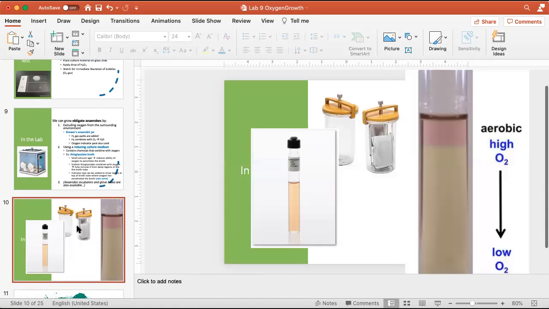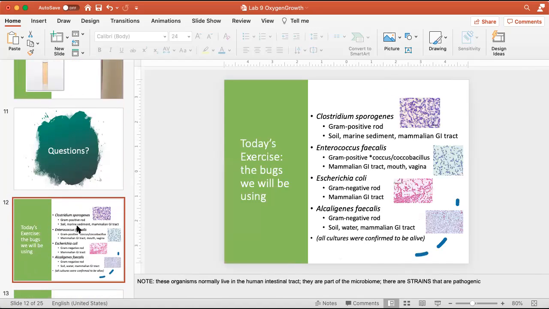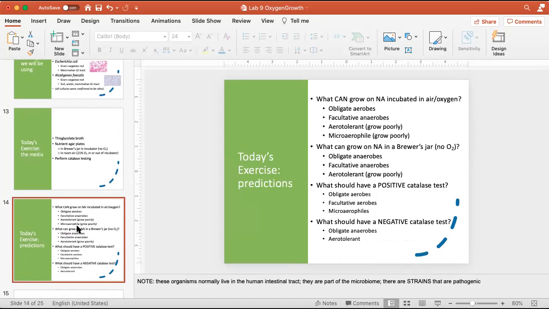So if I put them in a brewer's jar where there's no oxygen, they're not going to grow well. They're going to grow poorly. So these are how we would break down the groups into yes or no on the oxygen.